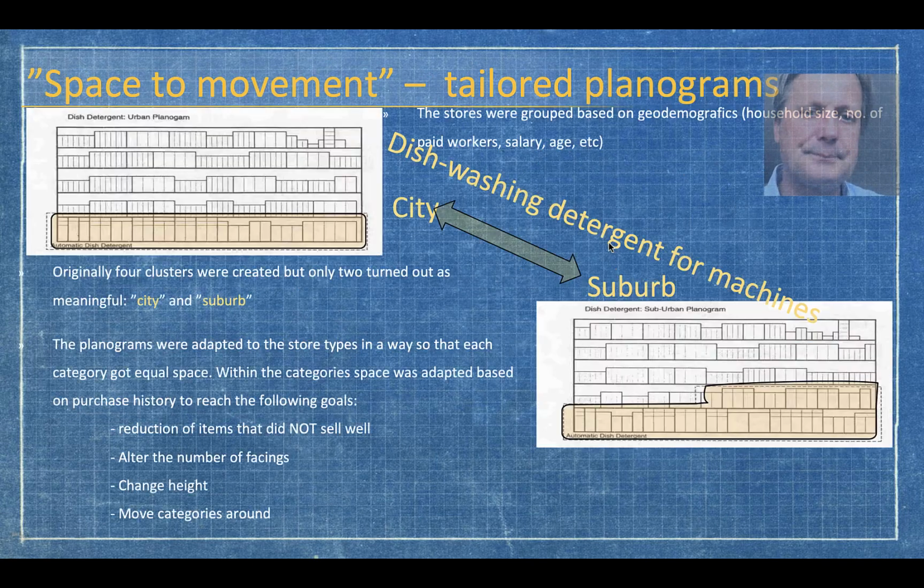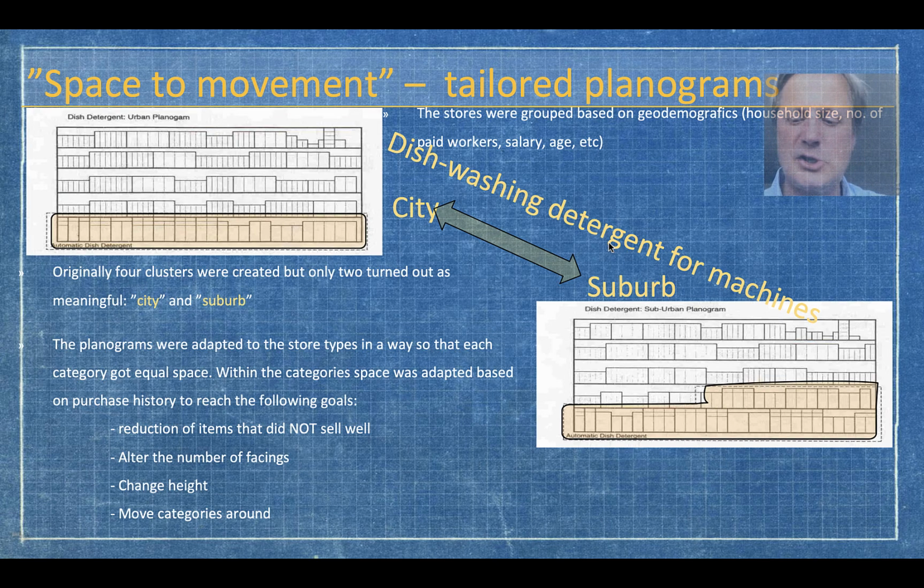decision making. So for instance, here they tailored planograms depending on whether you were living in the suburb or in the city. If you're living in the suburb, you would have a dishwashing machine, so there they would have that kind of dishwashing detergent. But if you lived in the city, you would hand wash more, so they had more of that, for instance.